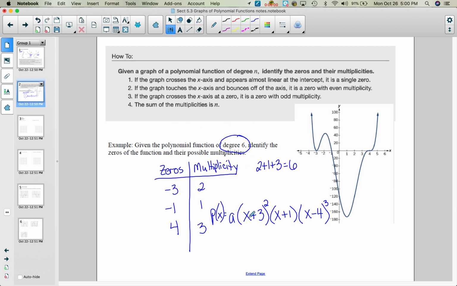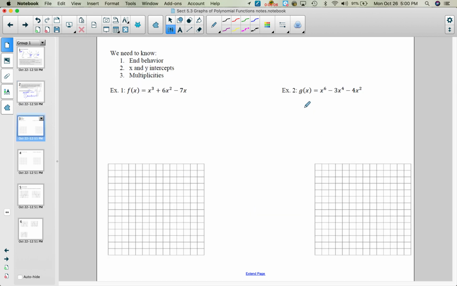All right, so that's the idea of multiplicity. We've seen things like this before, but we haven't really talked about the zeros in those regards. So, looking at an example, we need to know the end behavior, we need to know the x and y intercepts, and we need to know the multiplicities. Well, we talked about end behavior in the last section. Notice that the highest power is a 3, and it's positive. So the end behavior is going to go something like this.